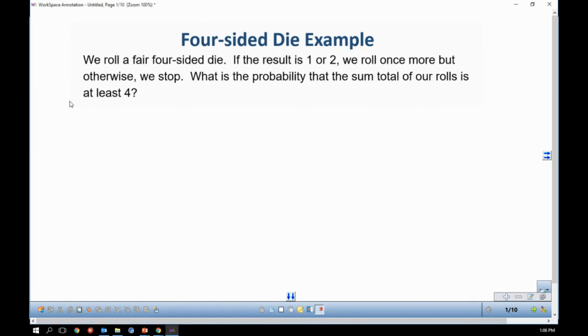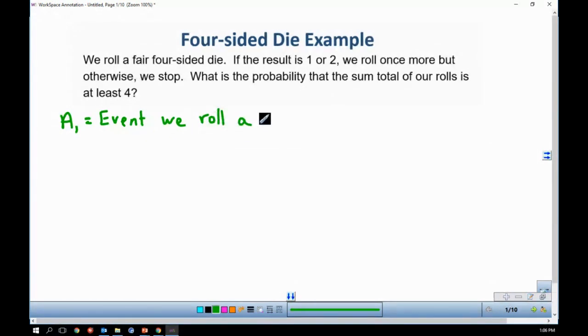So we're going to say that A1 is the event that we roll a 1 first. Now, what happens if I roll a 1?